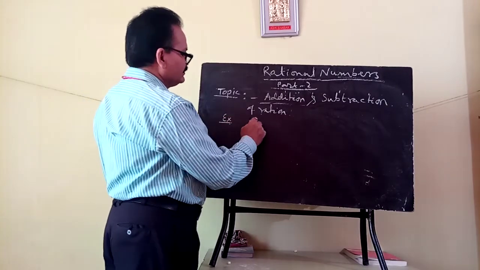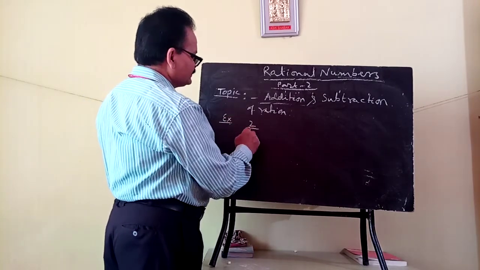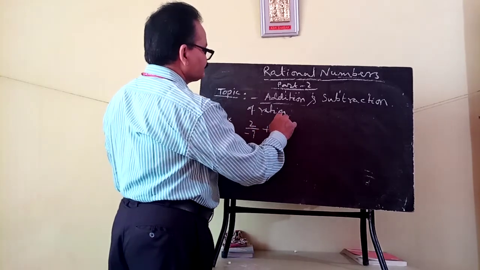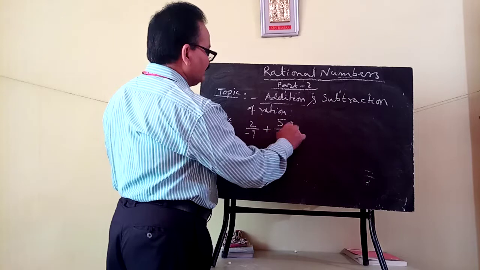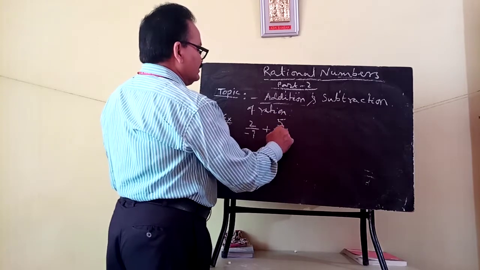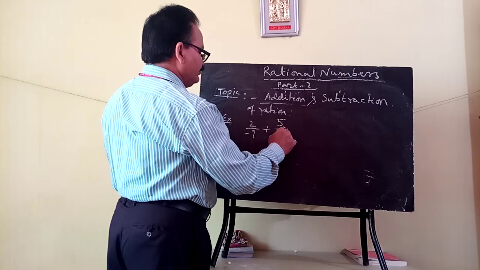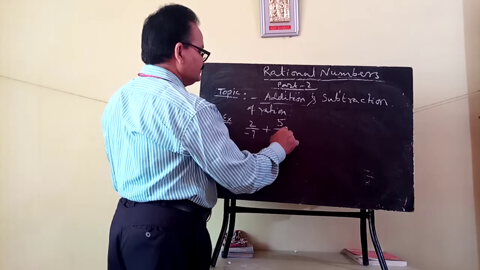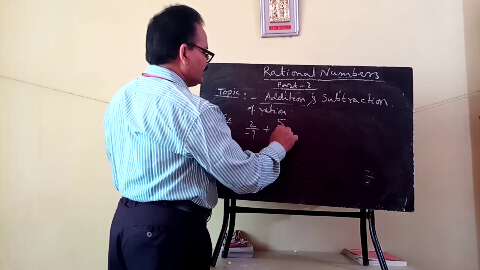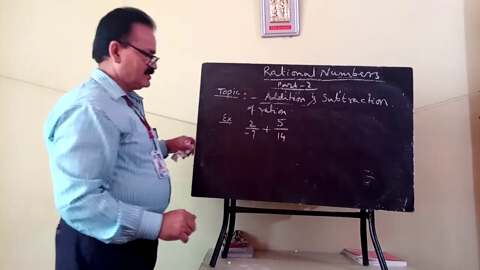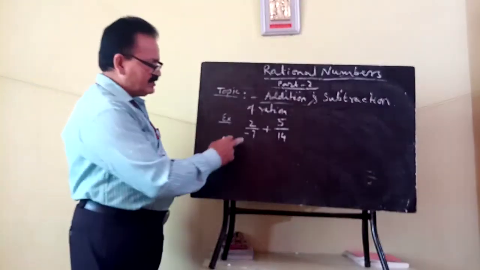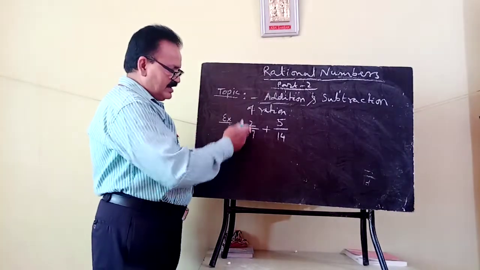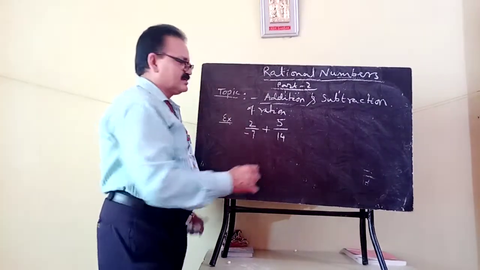Suppose you have -2/7 added with 5/-14. Here the denominator is negative, so you have to first make it a positive denominator.